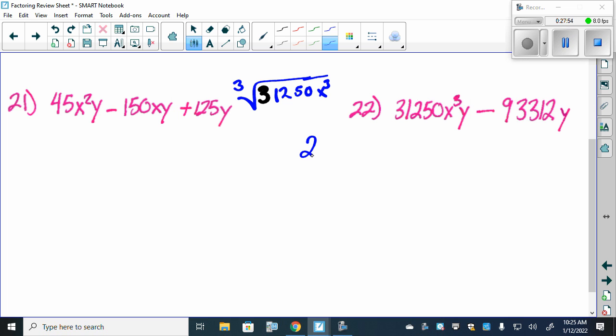I would also factor out a y, because it needs to come out. So if I divide both of these by 2, we would have 15,625x cubed minus 46,656.